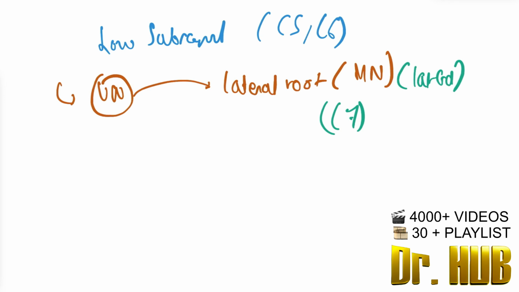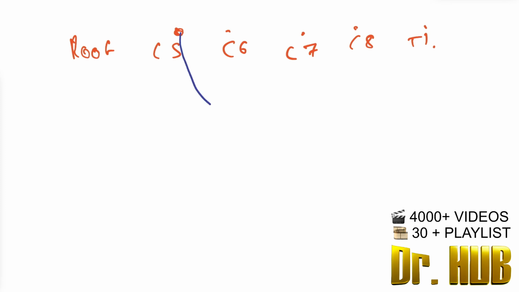So now let's look at the diagram. We have already explained in detail, so here we are just going to focus on the diagram. So this will be the root. In the roots, we have the C5, C6, C7, C8 as well as the T1. So what is happening? We are joining the C5, C6, then C7 comes along, and C8, T1.